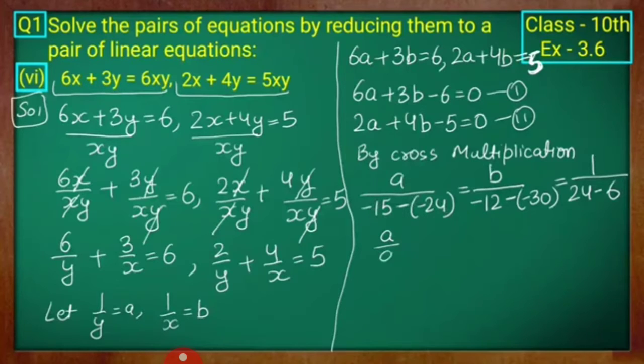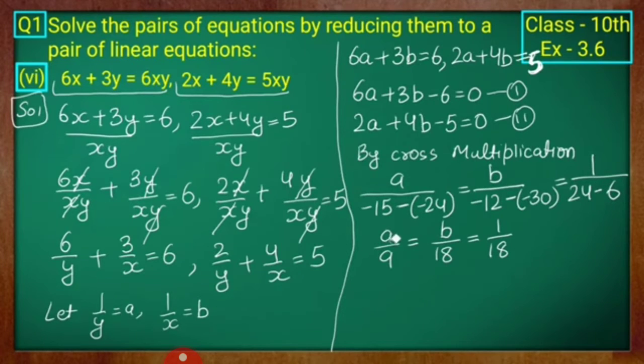So 24 minus 15, it is here 9. So a upon 9 is equal to b upon minus 12 plus 30, so minus 12 plus 30 will be 18, is equal to 1 upon 24 minus 6 is 18.